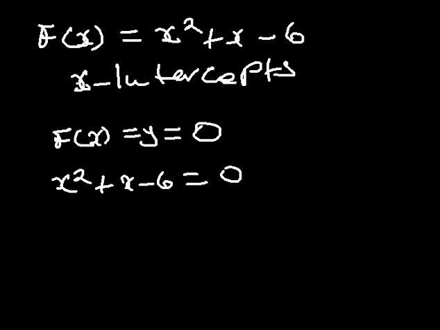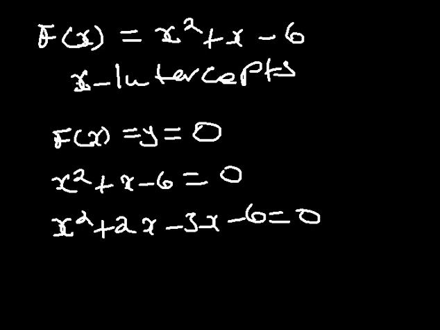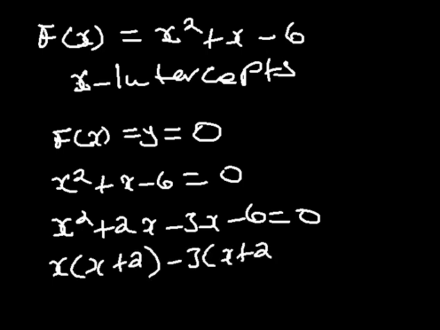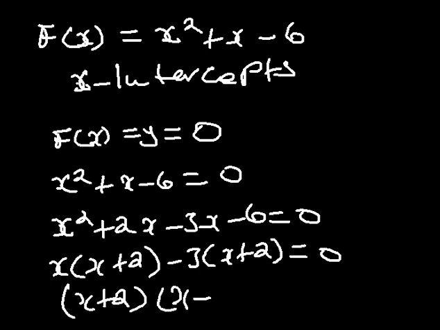Then I'll be able to solve this using the factor method. That will be given as x squared plus 2x minus 3x minus 6 equal to 0. We'll have x times x plus 2 minus 3 times x plus 2 equal to 0. That is x plus 2 times x minus 3 equal to 0.